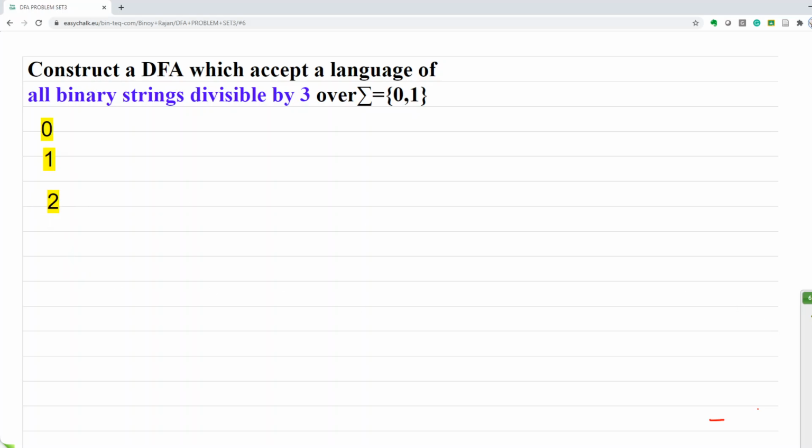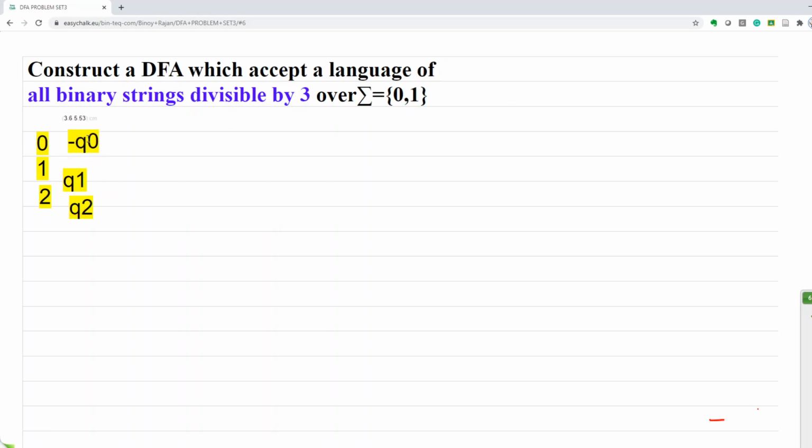Okay, so you get remainders 2, 1 and 0. And let's name the states: if we are getting a remainder 0, let the state name be Q0, and the other one is Q1, and if it is 2, it will be Q2.